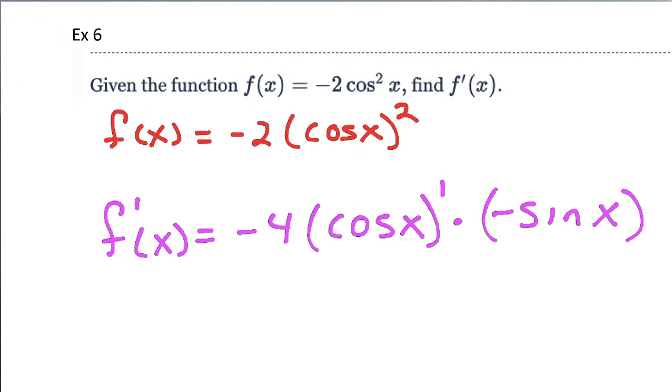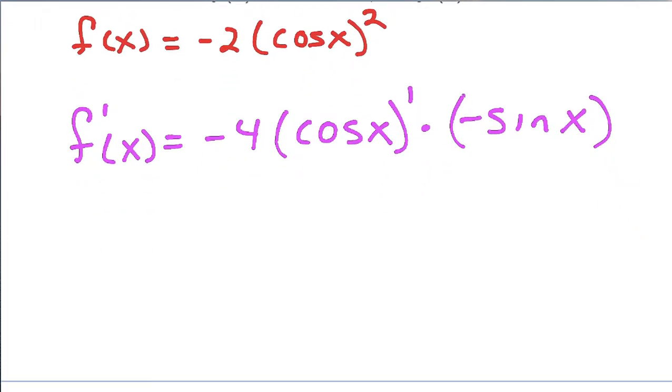And we would need to put parentheses around the negative sine x, otherwise it might be mistaken for subtraction. I don't know if they'd simplify that, but you could certainly easily simplify it to negative 4 cosine x times sine x. That'd be a pretty easy simplification on that one.